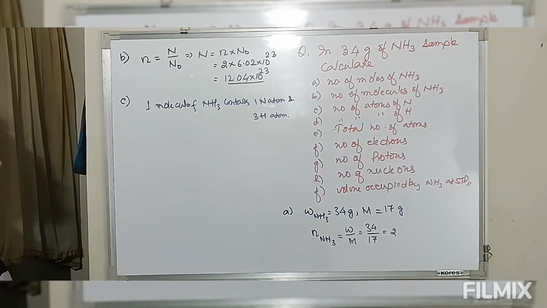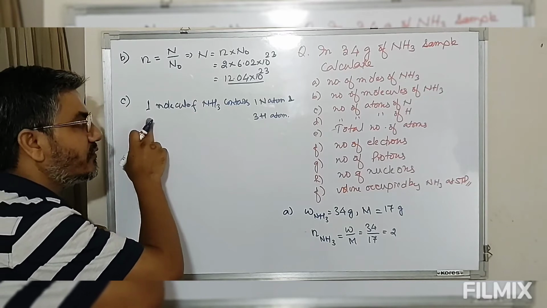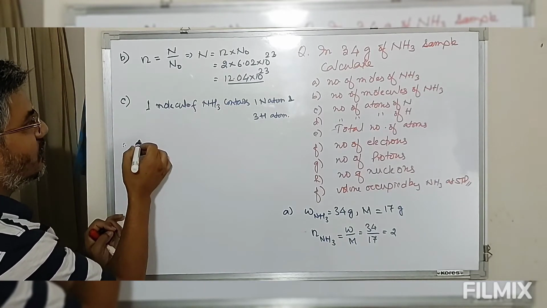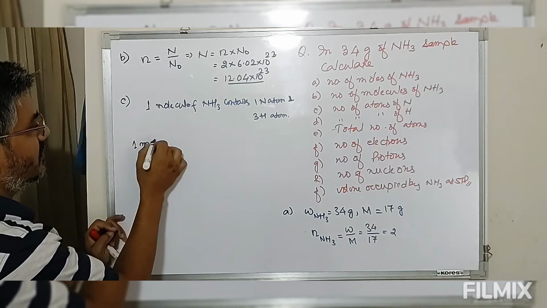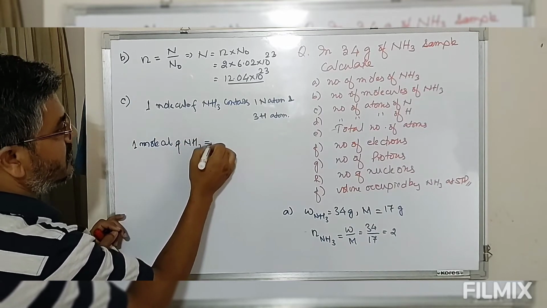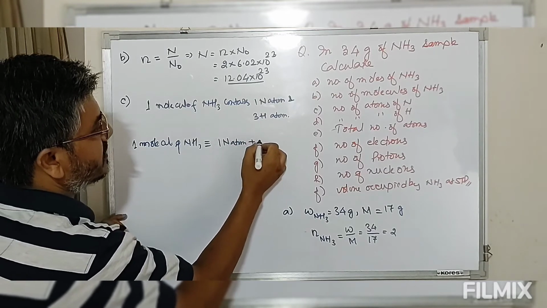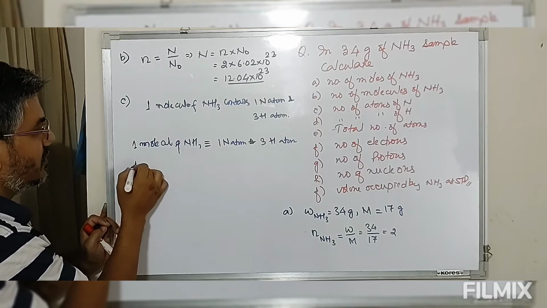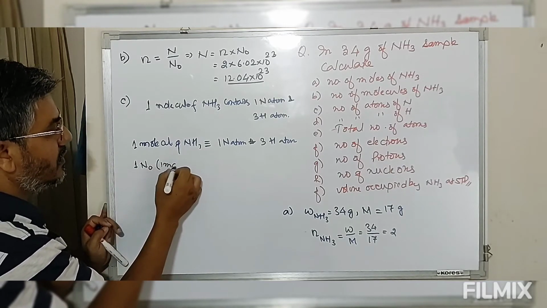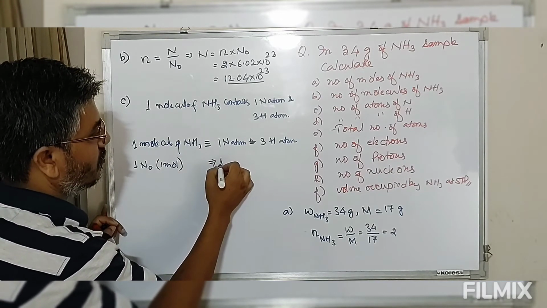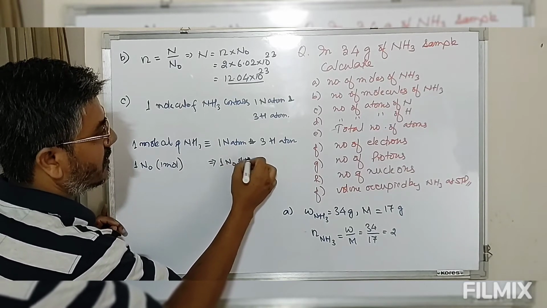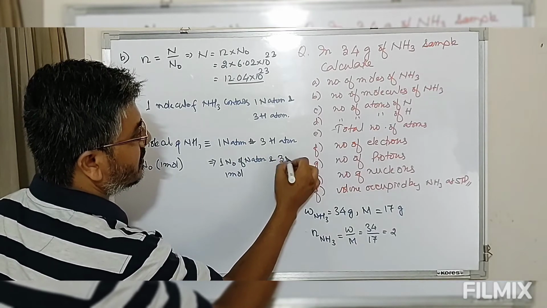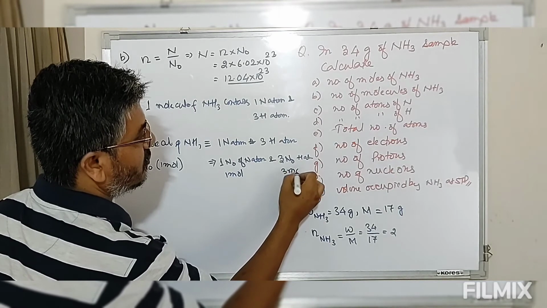So if one molecule contains one nitrogen atom, two molecules will have 2, and one Avogadro number of molecules will have one Avogadro number of nitrogen atoms. So one molecule of NH3 contains one nitrogen atom and 3 hydrogen atoms, and 1 mole will have one Avogadro number of nitrogen atoms, that is 1 mole, and 3 Avogadro number of hydrogen atoms, that is 3 mole.